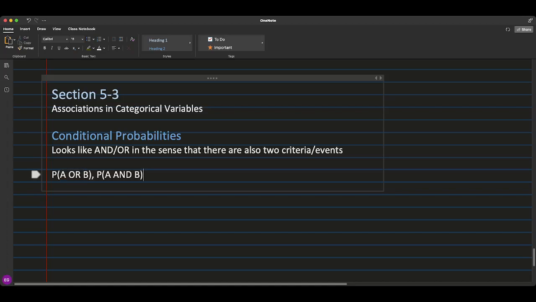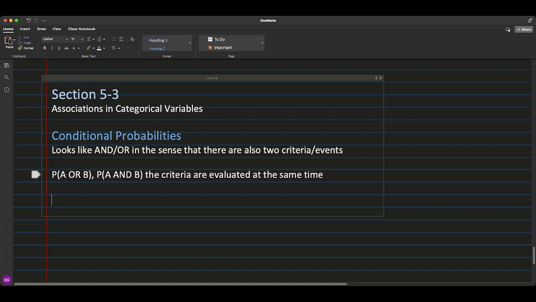A conditional probability also deals with two criteria or events. One of the main differences though is that when you're dealing with or and and, the criteria are evaluated at the same time. So we're asking, at this moment, are both A and B happening? Or at this moment, is A or B happening?